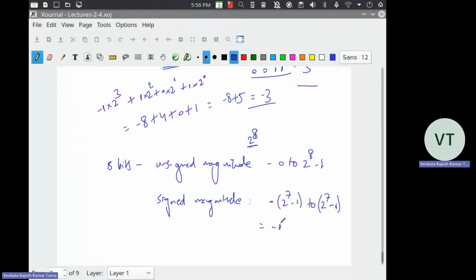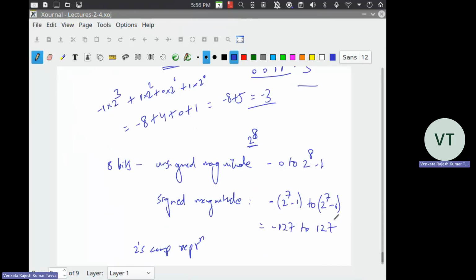So in this case, it will be minus 127 to plus 127. Okay. In 2's complement representation, why was this minus 127 to 127? The total number of values are still 256, but 0 is taking 2 values. Okay. That's why it is minus 127 to 127.